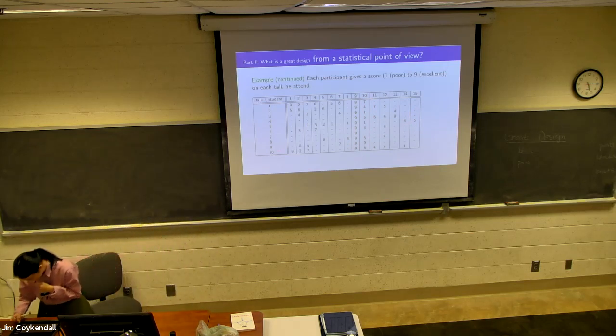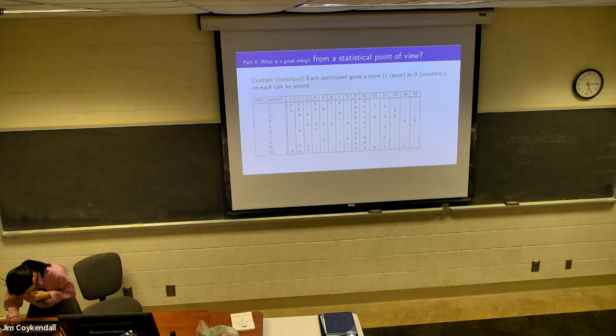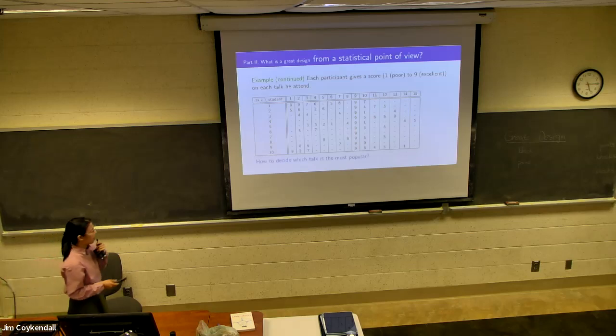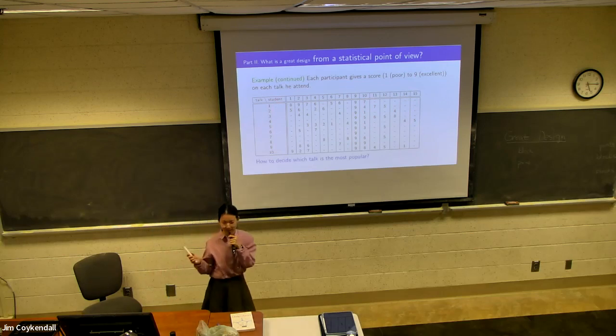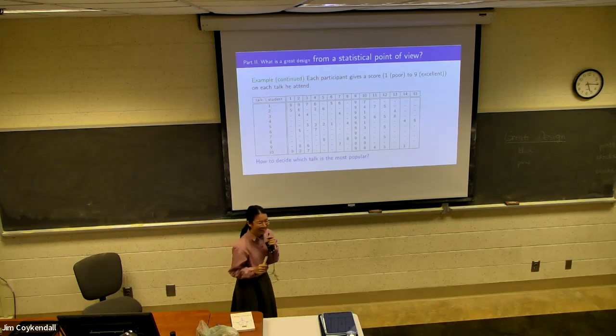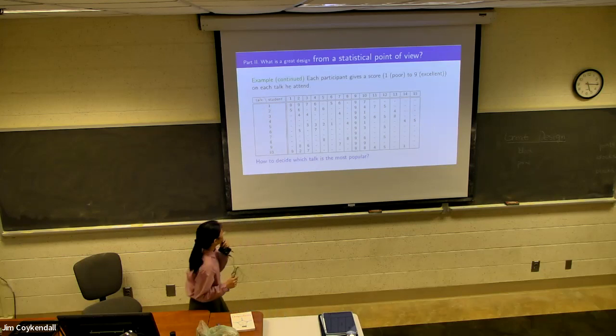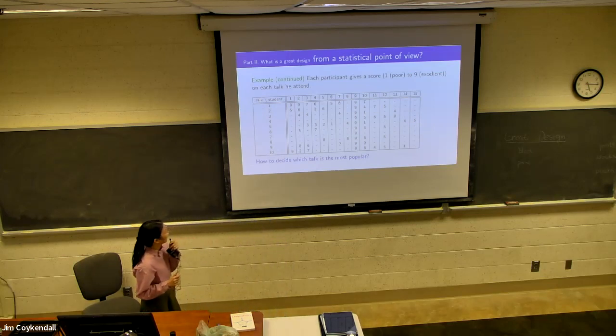Now, I would like to know how to decide the best talk. Out of all these 10 talks here, which one is the best, based on this score sheet? Which one should be the best?